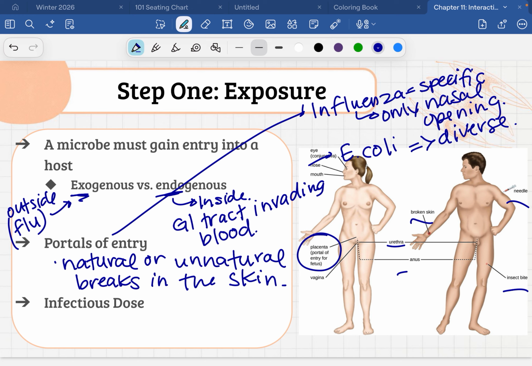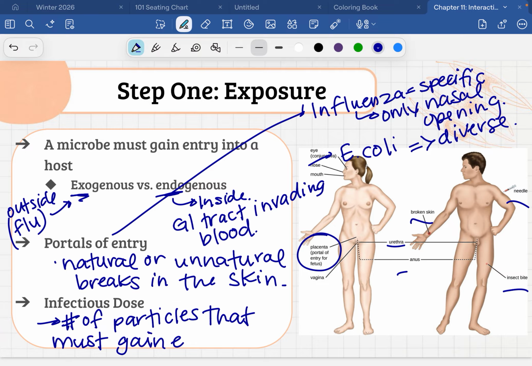Okay, and the last thing we want to talk about here is infectious dose. So the infectious dose of an infectious agent is the number of particles that must gain entry before they can cause disease. Okay?